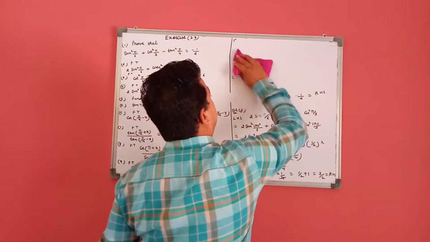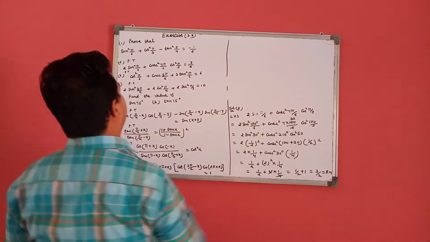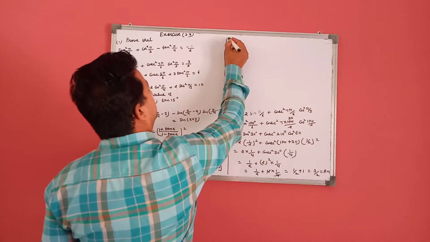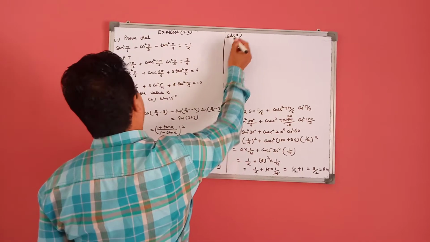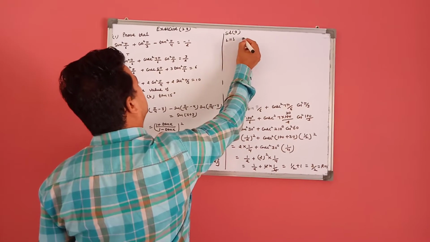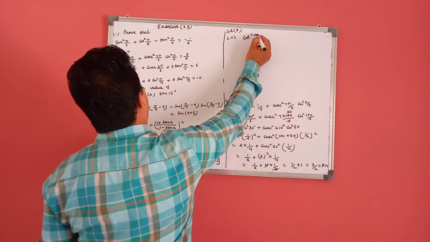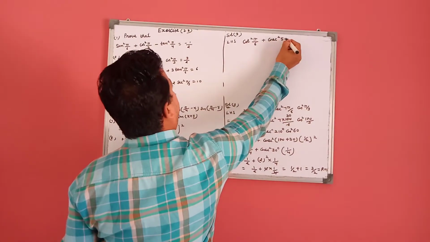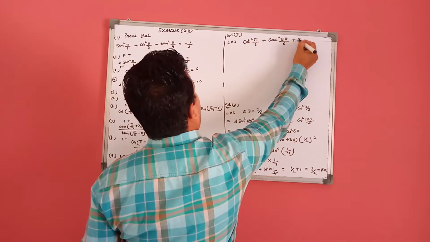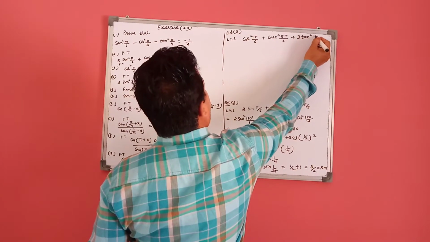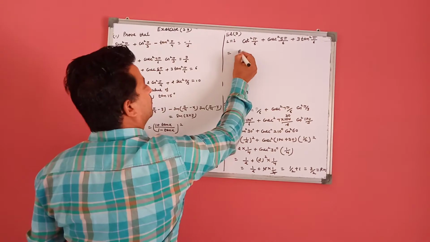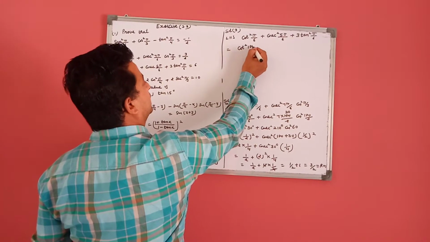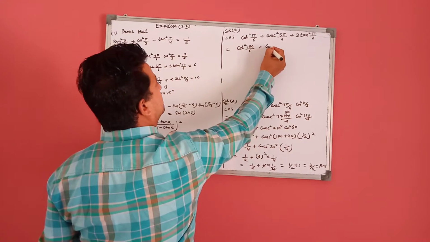In the solution of question 3, the left hand side is cot square pi by 6 plus cosecant square 5 pi by 6 plus 3 tan square pi by 6. Put the value of pi, that is 180 upon 6.